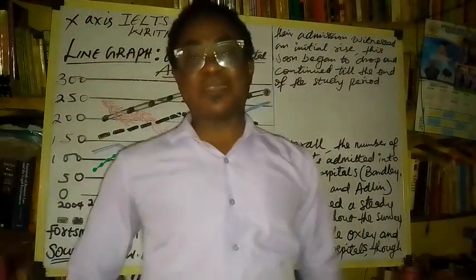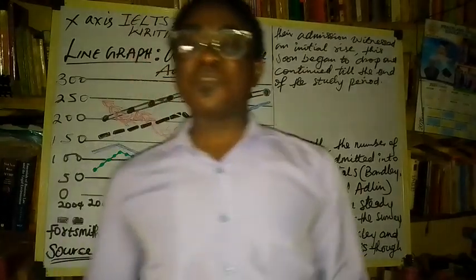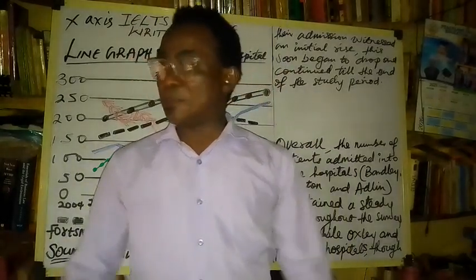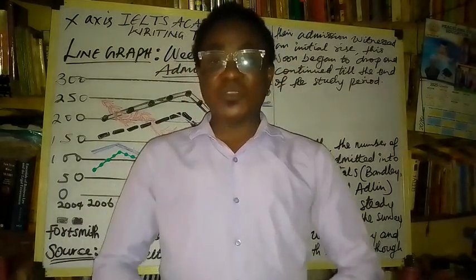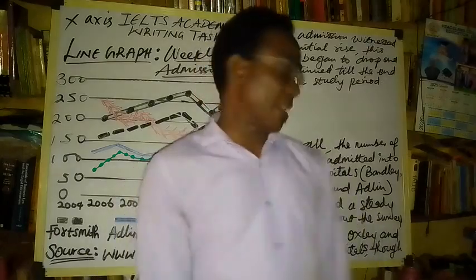So that is the second paragraph. You can call that paragraph the first body paragraph. So we're now moving into the third paragraph, which you can also call the second body paragraph.